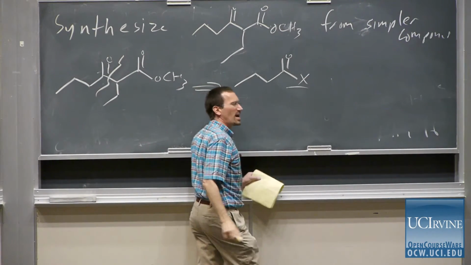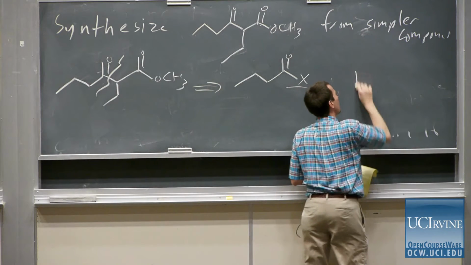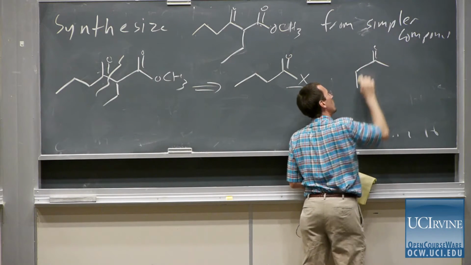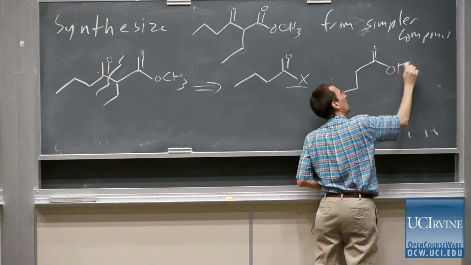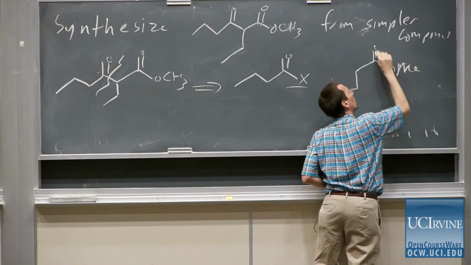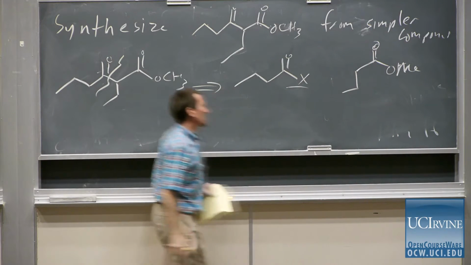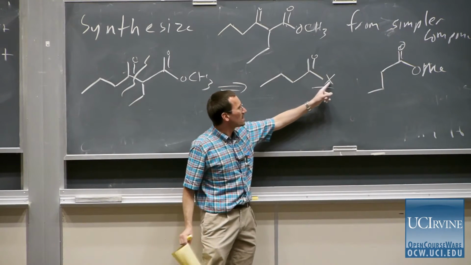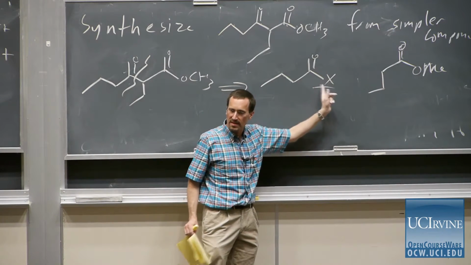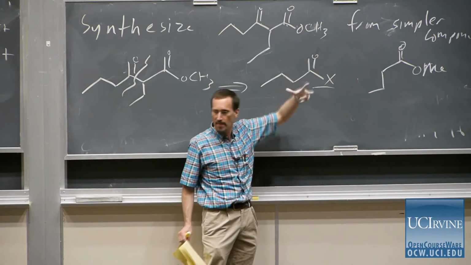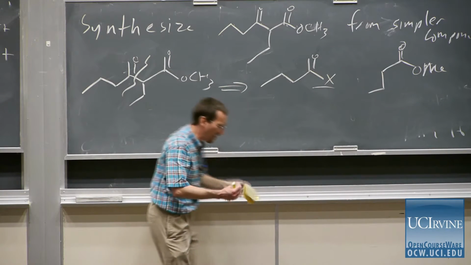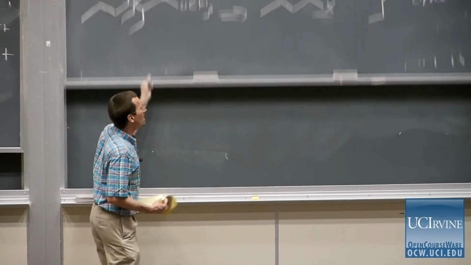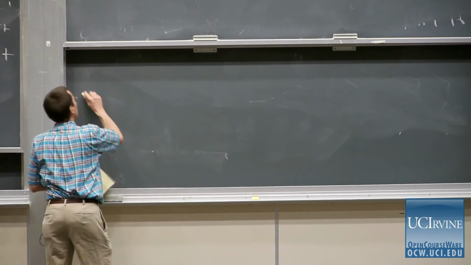Well, it doesn't matter right now when I'm thinking retrosynthetically. Some sort of group there that's going to leave. And this, that's methyl butanoate. And then I'll look and say, oh, okay, wait a second. These two are the same thing. They're both 4-carbon carboxylic acid family compounds. And so I'll say, all right, I've got a synthesis of this.